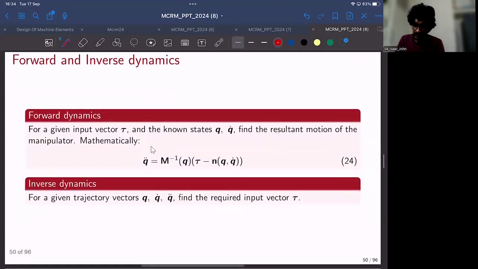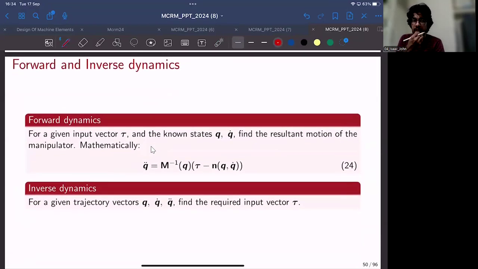And just like the kinematics, we have two different problems in dynamics. The one is called the forward dynamics problem, where if you are given an input vector of torques onto the motors, what would be the final state of the robot? The final state is defined by the trajectory of the robot, by position, velocity, and acceleration.